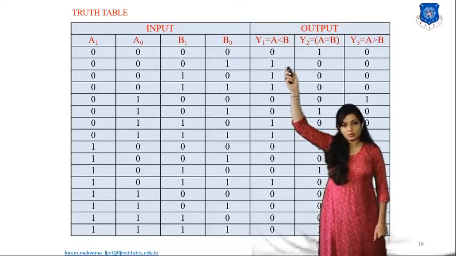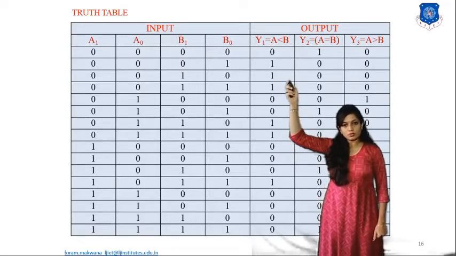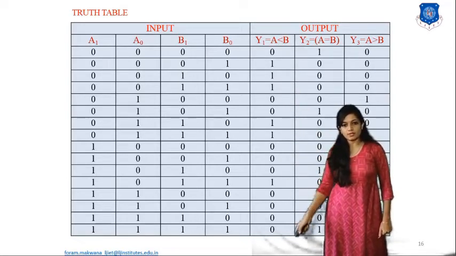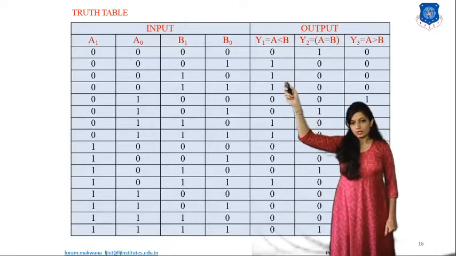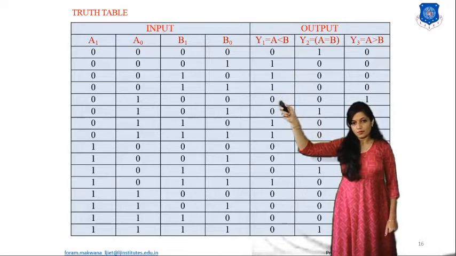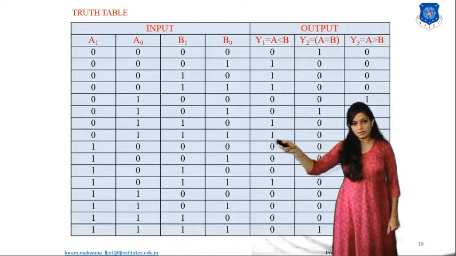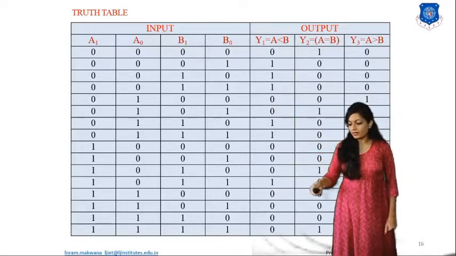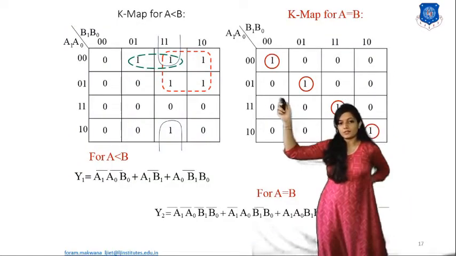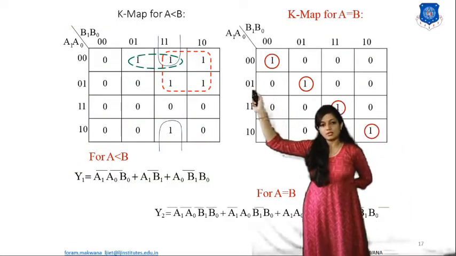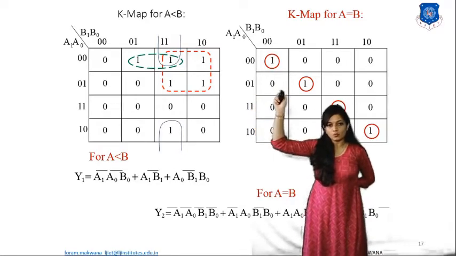The combinations are, in decimal, 0 up to 15. So place 1s in these rectangular boxes inside the K-map.